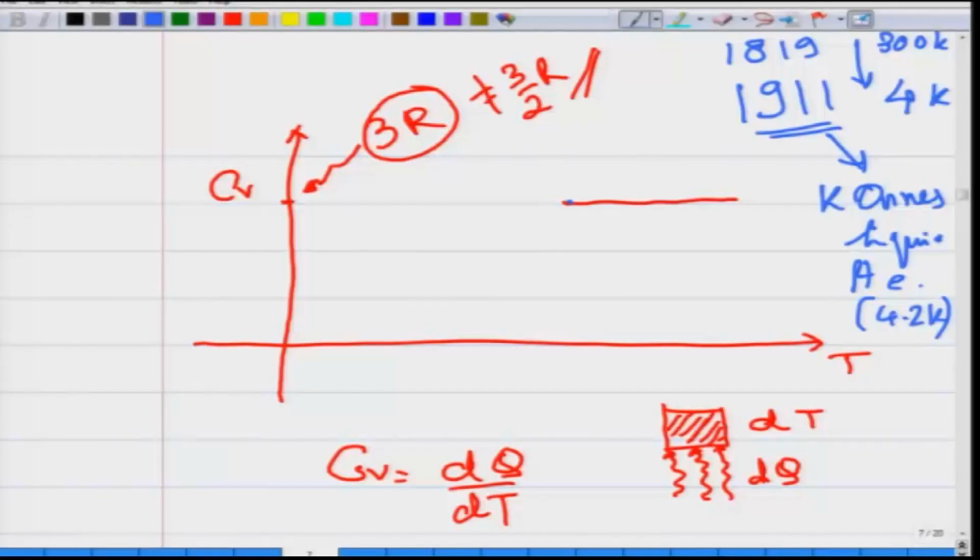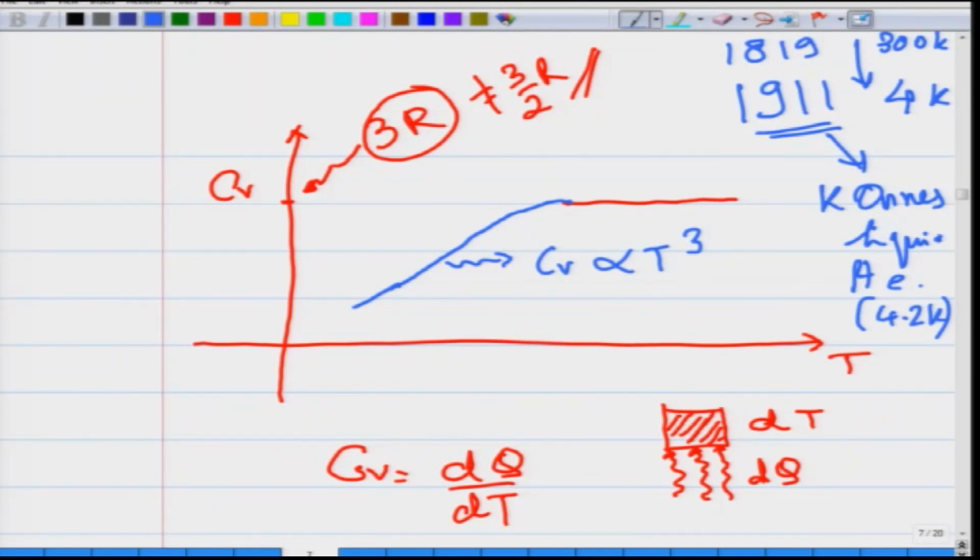What was found was that over a certain window of temperature, it is constant at 3 R, but then it starts varying. Below a certain temperature, it has a temperature dependence, and this temperature dependence turns out to be cubic. The specific heat has a cubic temperature dependence.